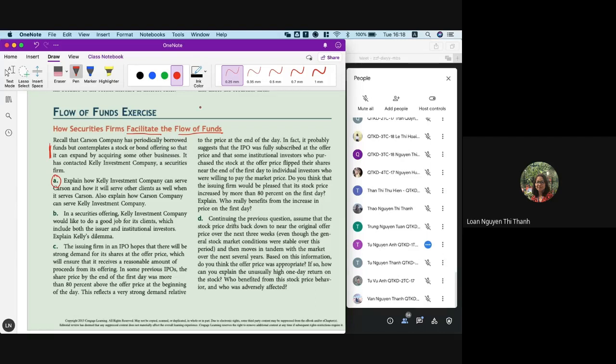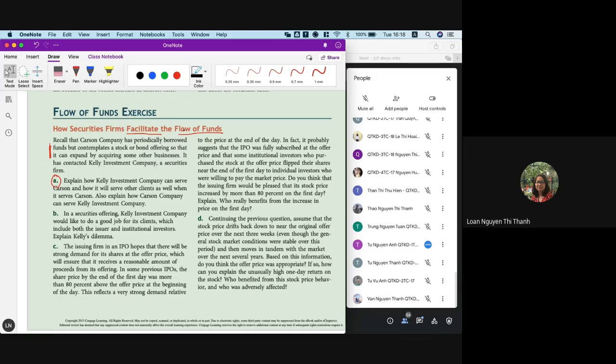So they prefer a stock or bond offering in long term. So they contact the security firm and show them the needs or the demand. So now, can you put it in the details? Let's say you put it in the services.